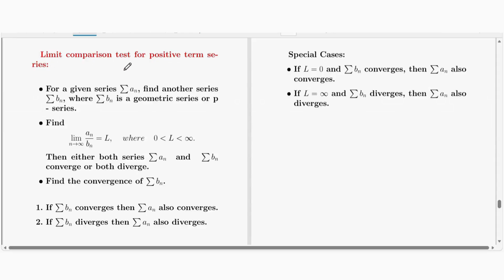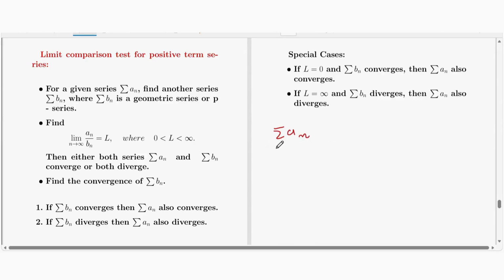Limit comparison test for positive term series. For a given series an, find another series bn, where series bn is either a geometric series or a P series. So what is the first step for the comparison test? First of all, series an is given to us.